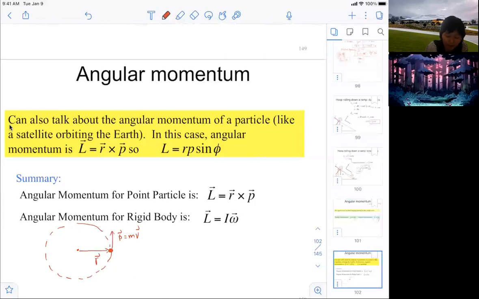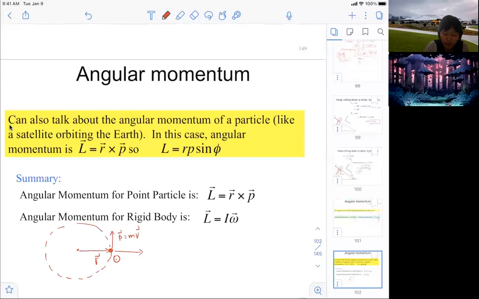You can take a look at the direction of that. So extend r a little bit this way, so you can do your cross product between r and v, that is upward. So you can see this counterclockwise rotation is pointing to an angular momentum that's upward. Okay, which makes sense because if you are rotating this way, your angular velocity is omega, which is upward by the right hand rule. So L is in the same direction as your omega, which is upward.